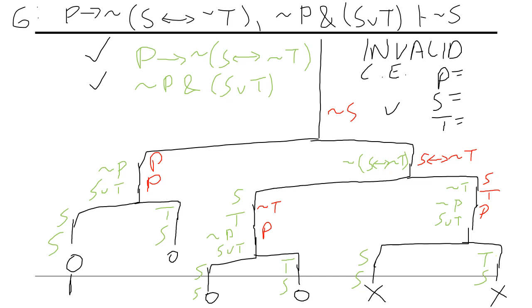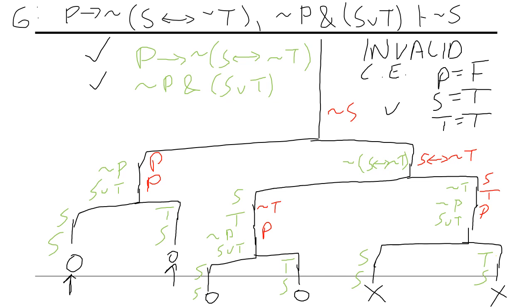I'm just going to look at this one right here. So this is another instance in which I don't have the value of T. I've got S's that are true and P's that are false, but I don't have a T. So I could put either or. I'm just going to put true because I see this one here. I could use that one just as well, but it doesn't matter.